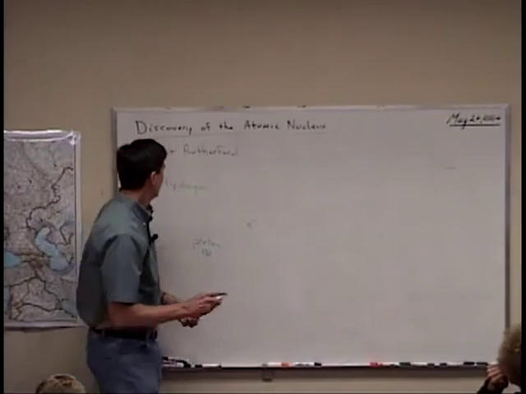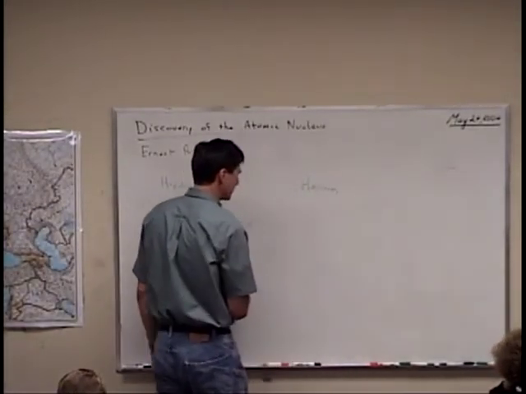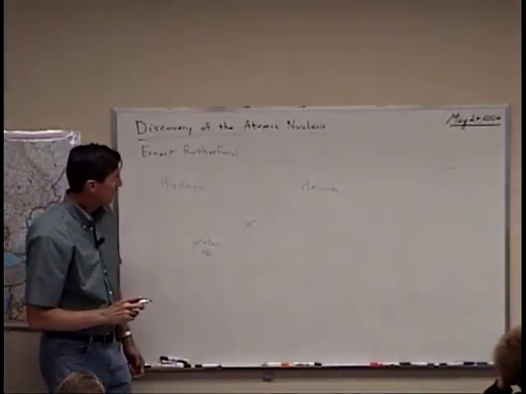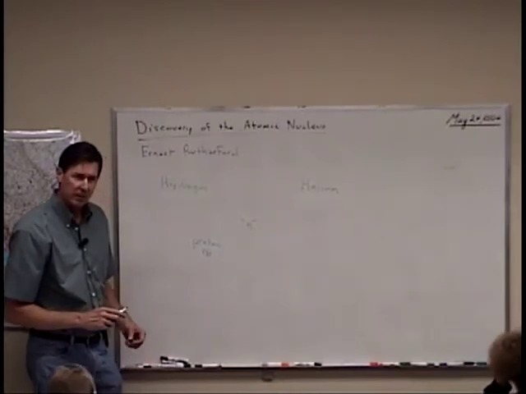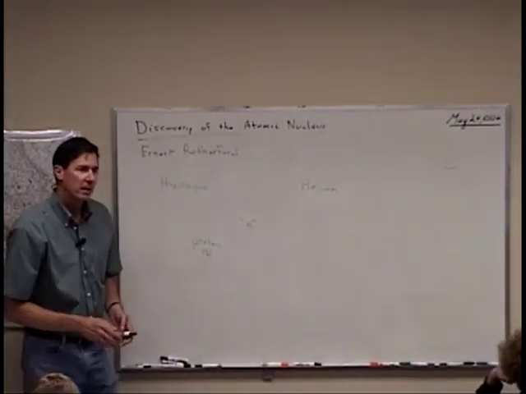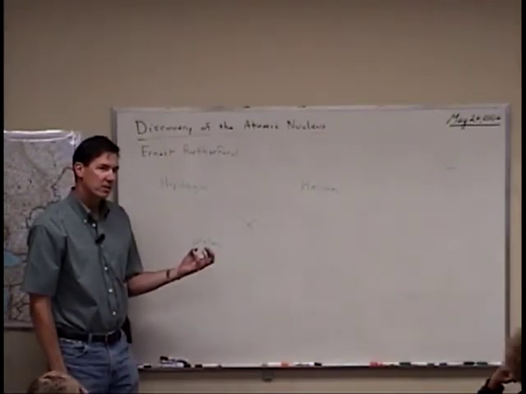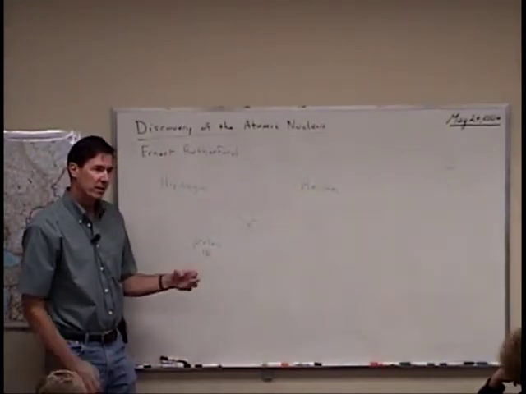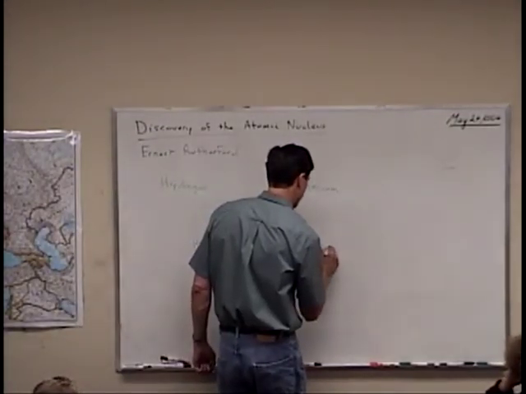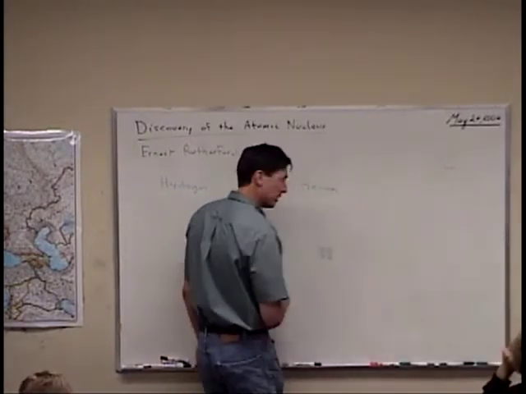Now, helium we said is 4 times heavier than hydrogen. But the nucleus only has twice the charge of hydrogen. Now, if it's 4 times heavier, the first thing you might think is that the helium nucleus consists of 4 of these protons.